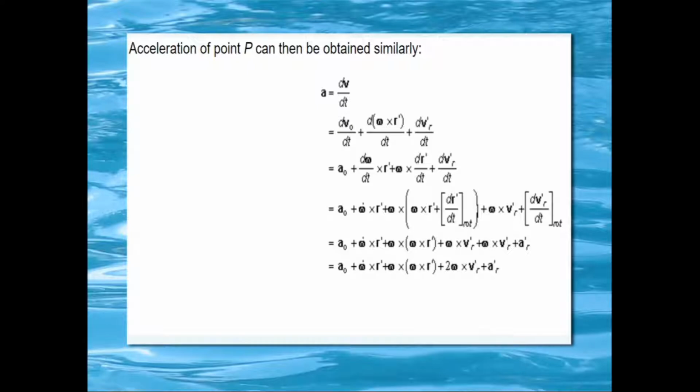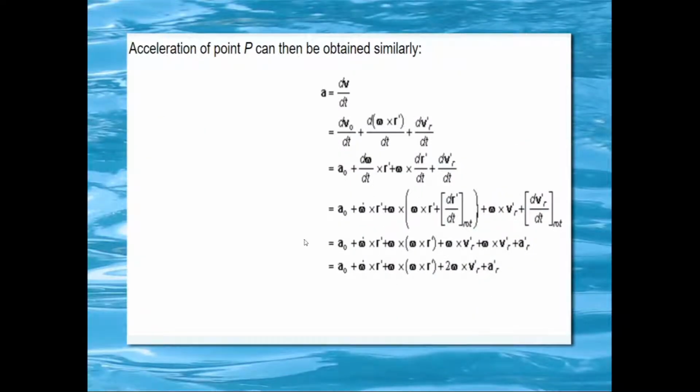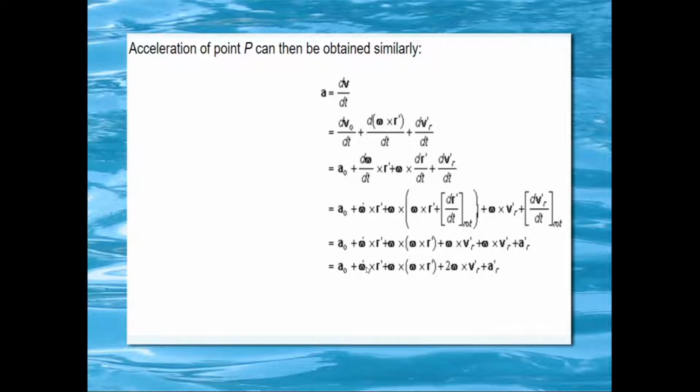Similarly, when we take a further time derivative of velocity, we will get these five acceleration terms, where a naught is the acceleration of the origin point, a relative is again r dash double dot, omega dot is nothing but alpha, which you can call angular acceleration, into r dash, which is the term caused by angular acceleration.